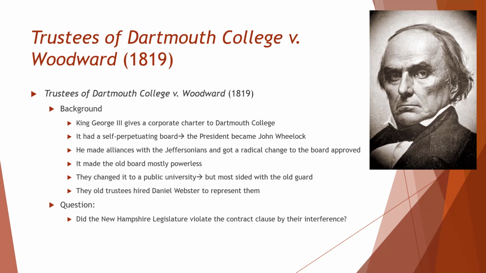Back to King George III, the mad king that didn't want to grant the United States independence until he defeated them at the Battle of Yorktown with the help of our French allies. So he gives a corporate charter to Dartmouth College, a very good college today in the state of New Hampshire.